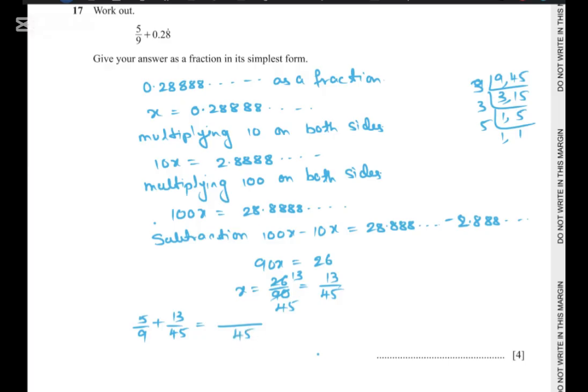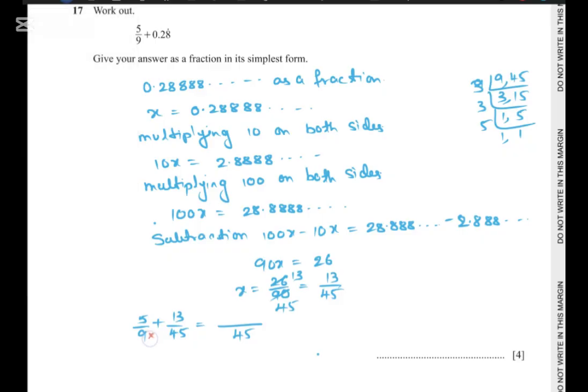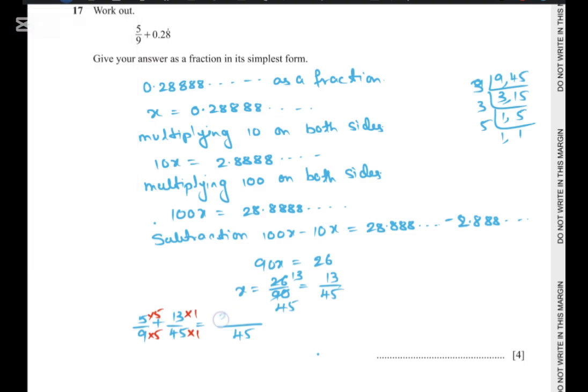So we multiply the first numerator by 5 and the second numerator by 1. So 5 5s are 25, plus 13. So 25 plus 13 is 38 by 45. The answer is 38 by 45.